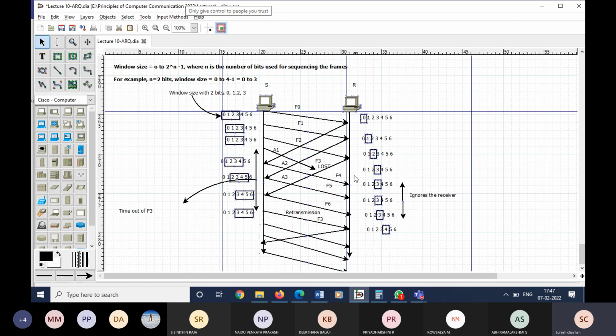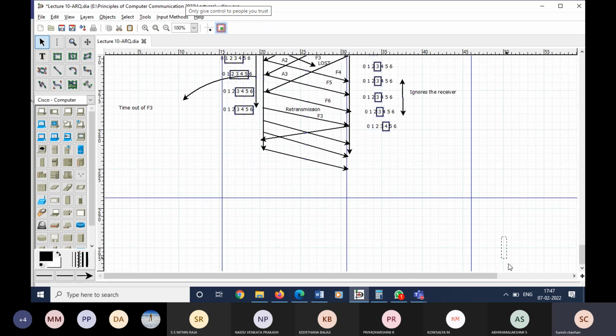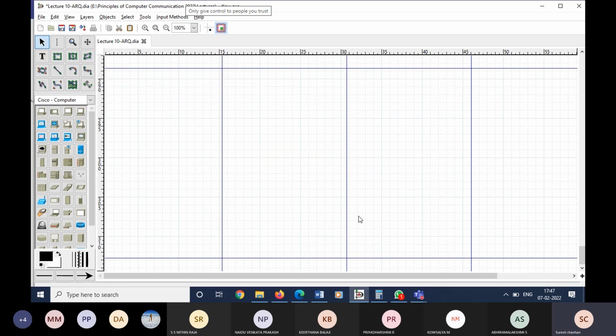In order to solve this kind of problem, they have come up with one more protocol, the third protocol, called the Selective Repeat ARQ protocol. Right.